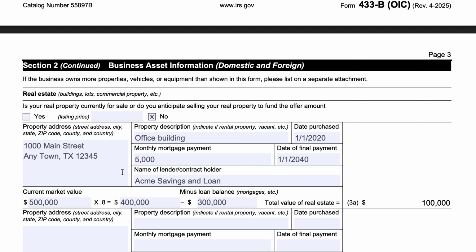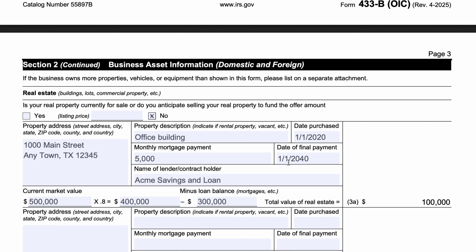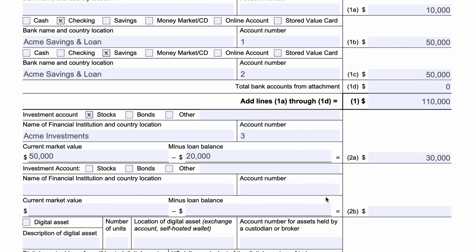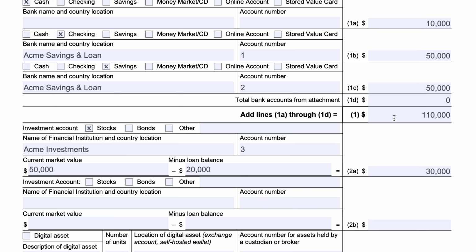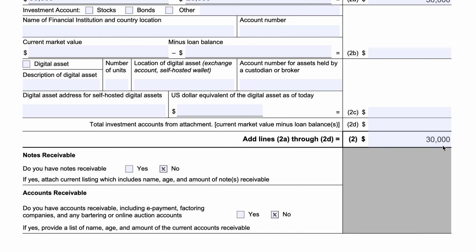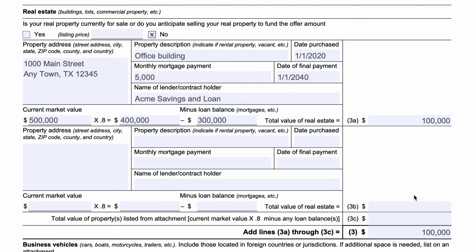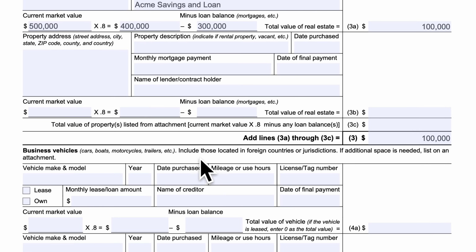Of course, this doesn't factor in closing costs or anything like that. So if you have a second property, you can list it here. If you have an attachment, you would put it there in 3C. So we'll just put $100,000 in line 3. So right now we've got $110,000 in cash and equivalents. We got $30,000 of investments, and then we've got $100,000 in real estate equity.